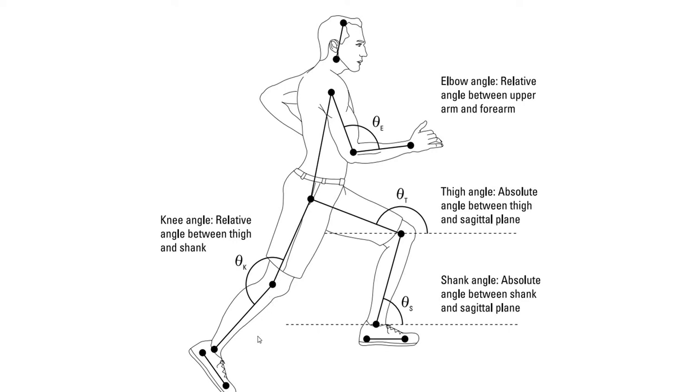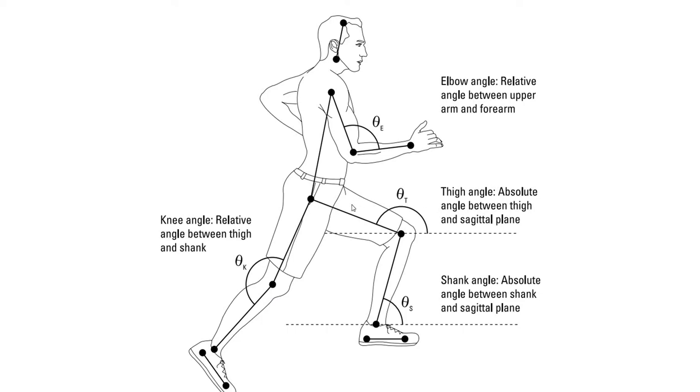So you may refer to this as a semi-relative or semi-absolute joint angle. So instead of measuring the obtuse angle here, we're measuring the acute angle that's produced here between this imaginary line.